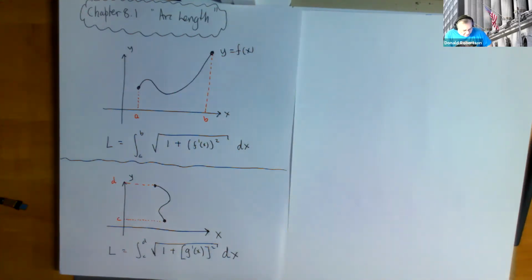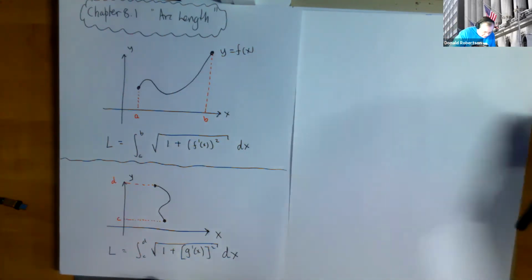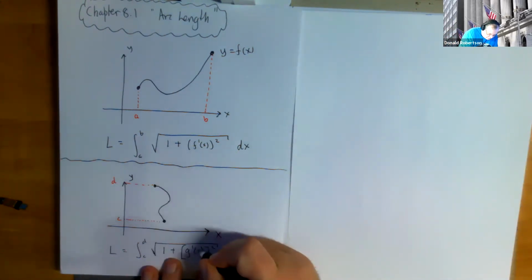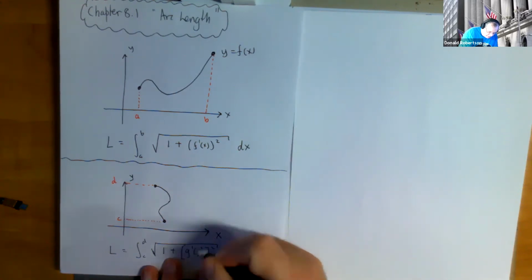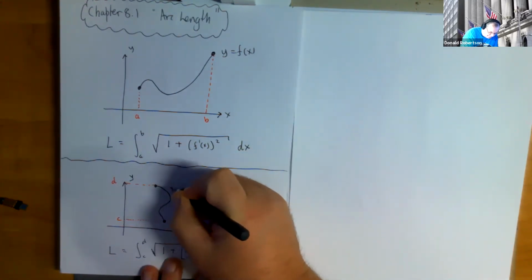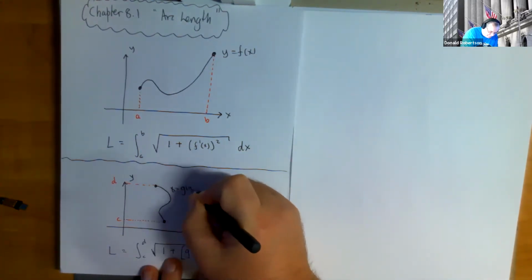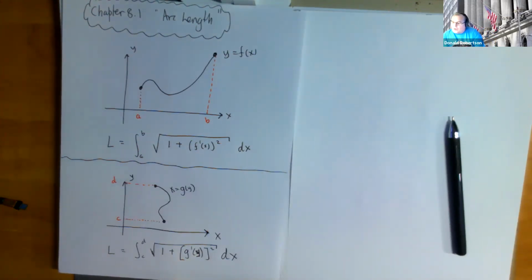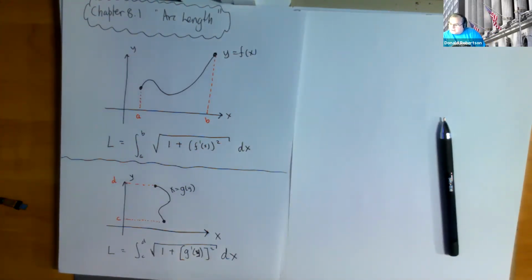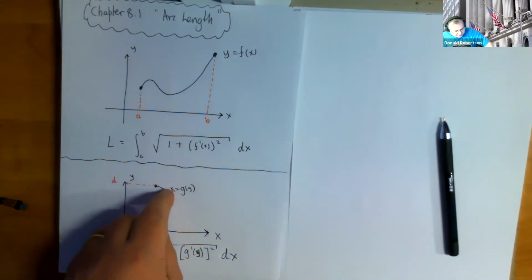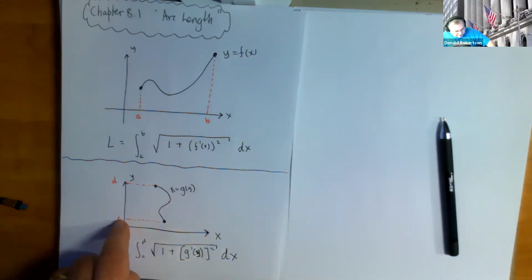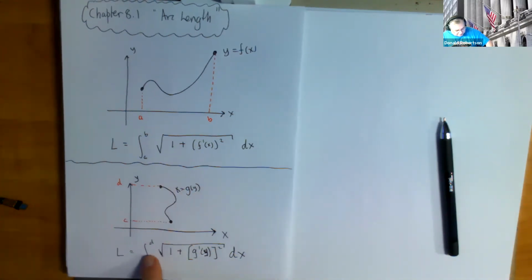Now, you can also be given an arc length question when the function is written like this, like x equals y cubed plus y. When they're written that way, can you see that the integral formula looks very similar?